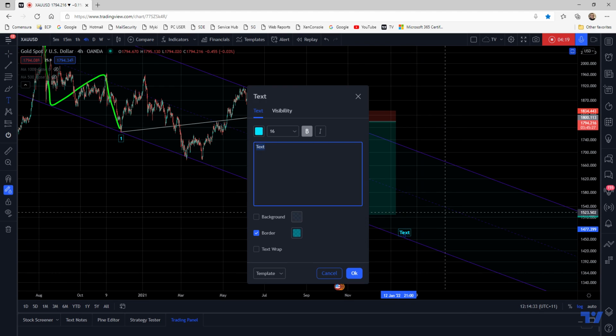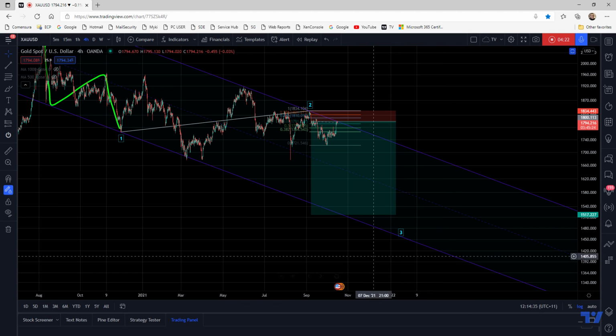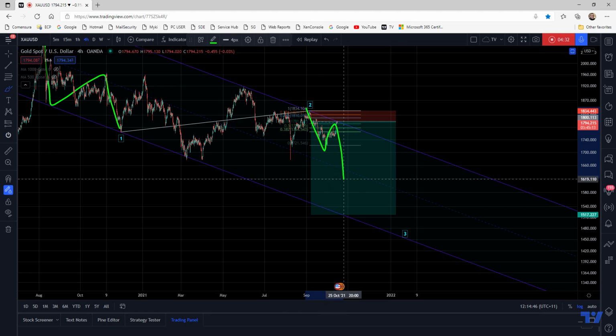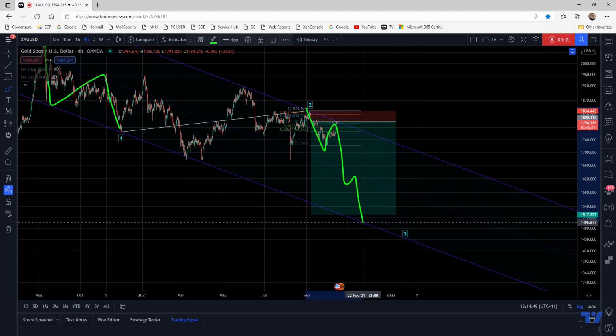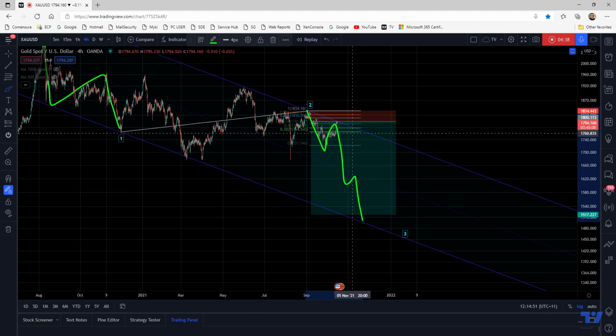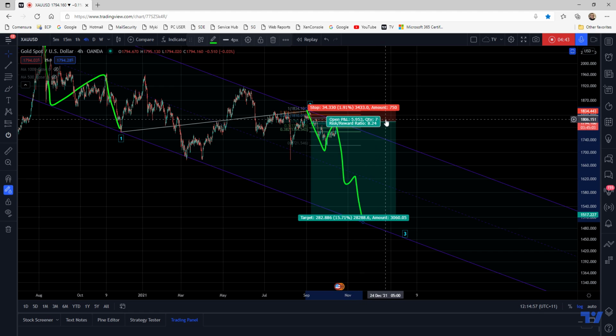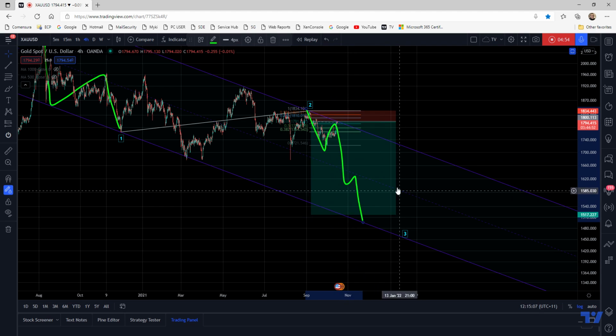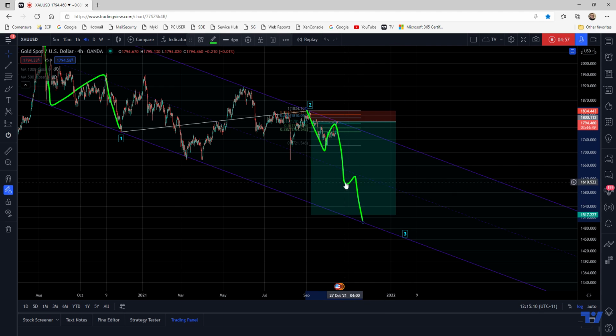So wave 3 would come down to some point around there somewhere in the shape of a zigzag, so what I'd expect to see is a 1, 2, 3, 4, 5 wave move. So we'd be targeting the lower end of the channel, right? So risk reward could be potentially around 8 to 9, right? But you'd want to be counting the waves as you progress through this process, right?